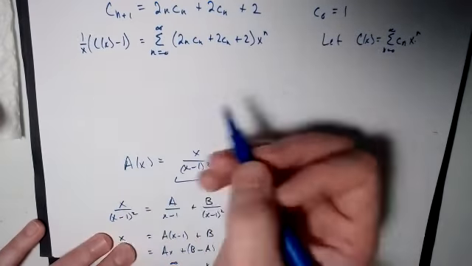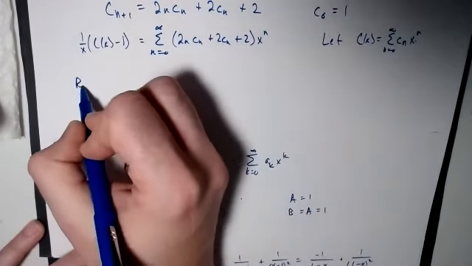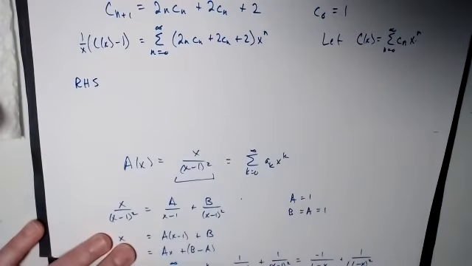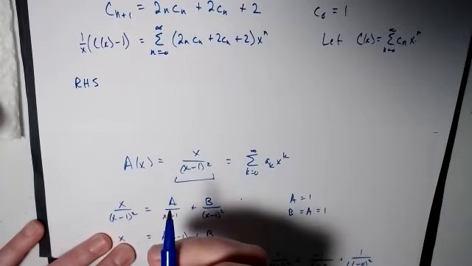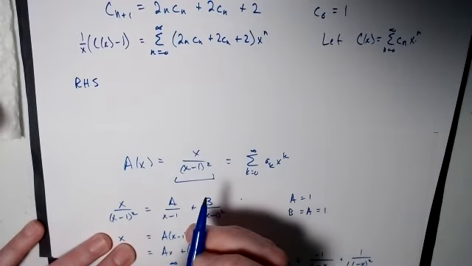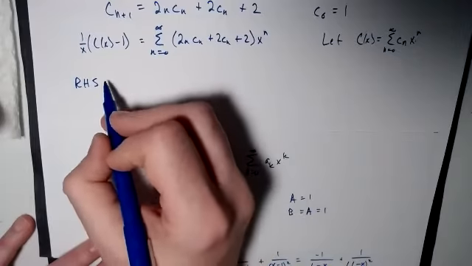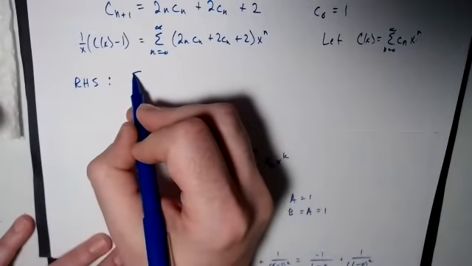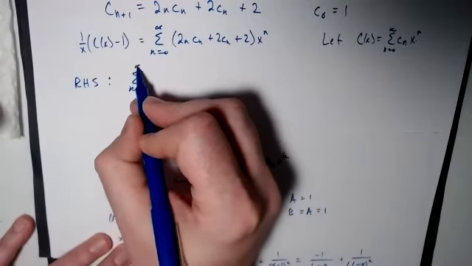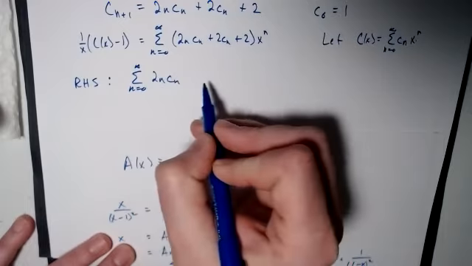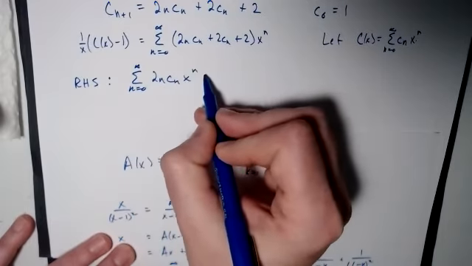The left-hand side is pretty well in good shape, so we'll just work on the right-hand side for a second. Not going to do the whole thing. Let's just do the part as n goes from 0 to infinity of 2n c_n x to the n.